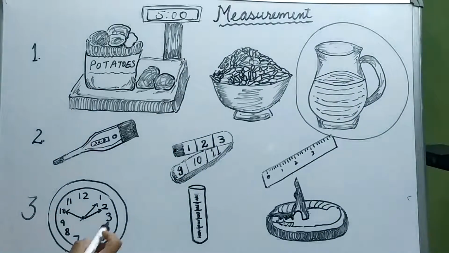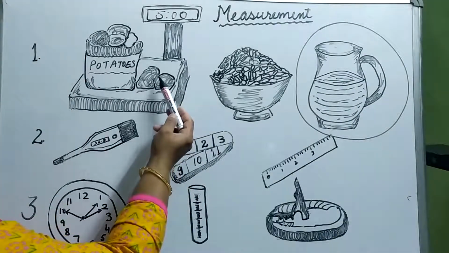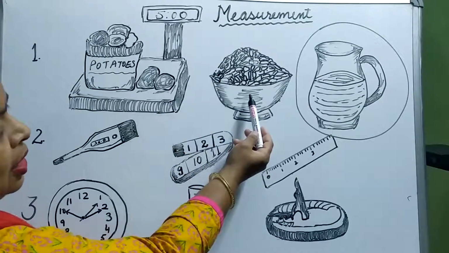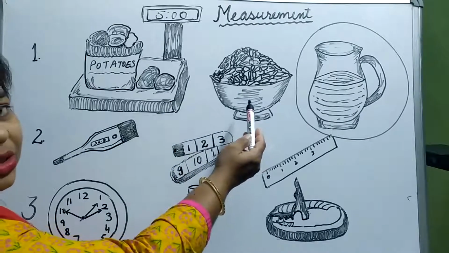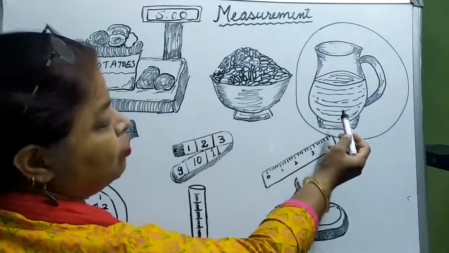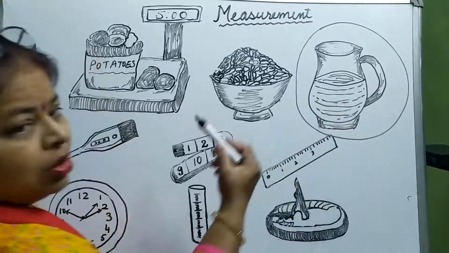Here we are measuring the mass of the potatoes. Here again, some solid is being measured. But what about this? Here we are talking about the volume of the water.